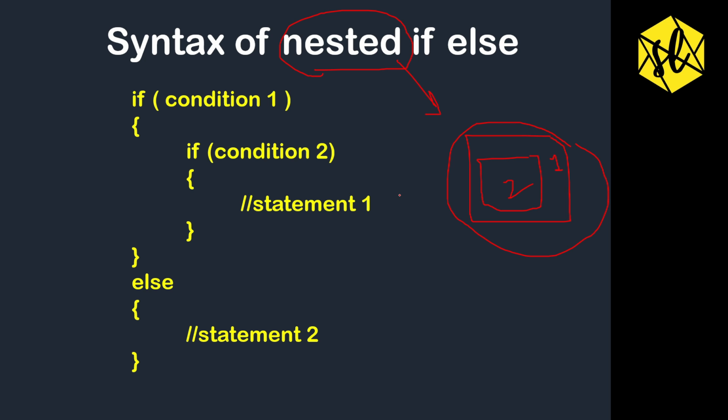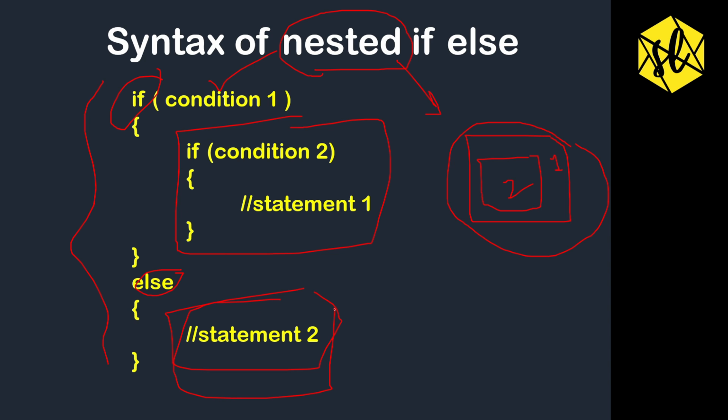Now let's see this simple example. There is a basic if else here. This is the if block, this is the else block. Now if this condition is true, then this block will be executed. But if it is false, then this block will execute.